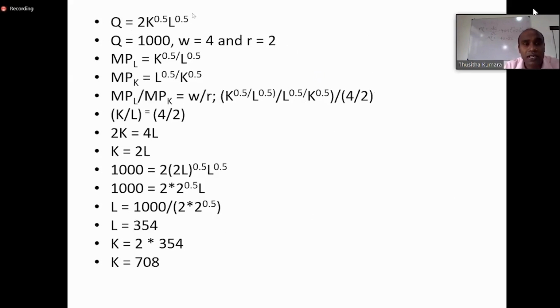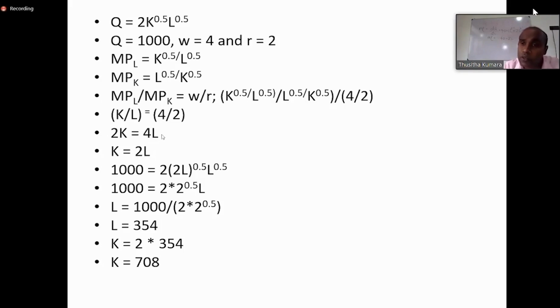So this is the production function. This is the output level, and wage and rent. As I just mentioned, we need MPL and MPK, and then the efficiency condition, MPL divided by MPK equals W by R. If you solve this, finally we get K equal to 2L.